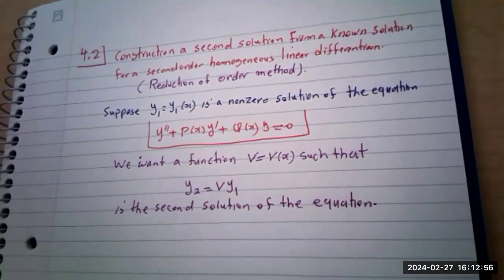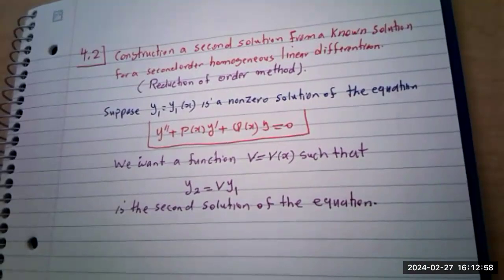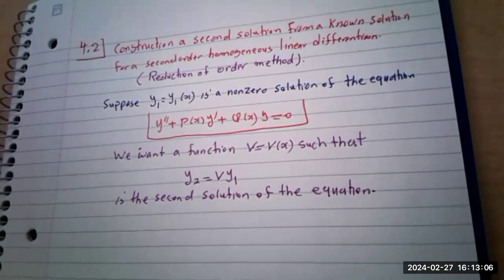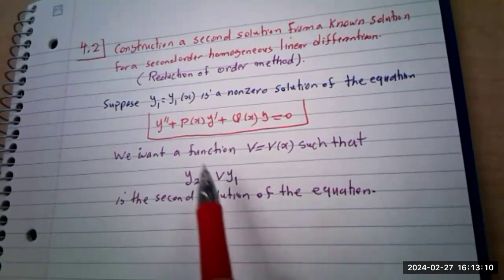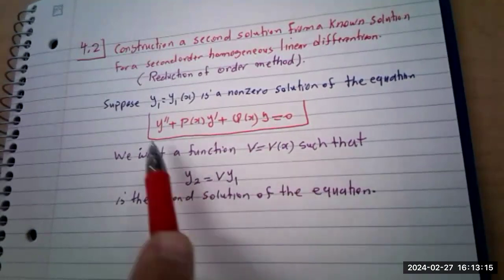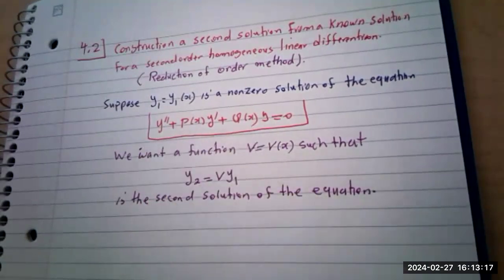At the end of the course, we do the same thing for systems of equations. Okay, this is it. So you have to find the function v. What we're going to do is assume that this is a solution of the equation. You know that if it is a solution of the equation, it must satisfy the equation.